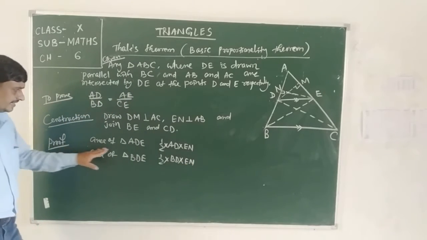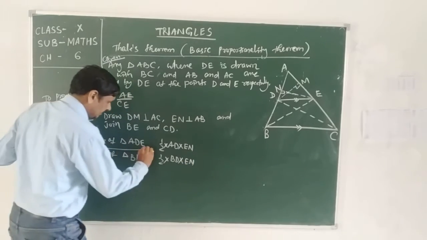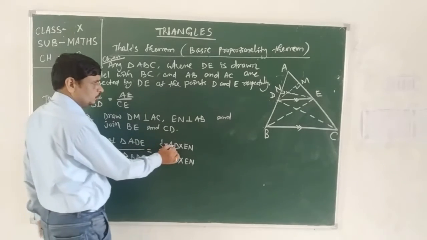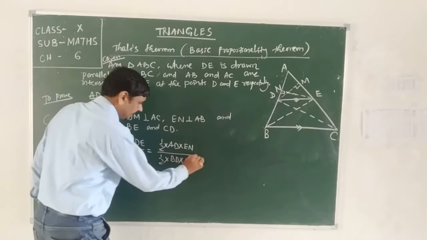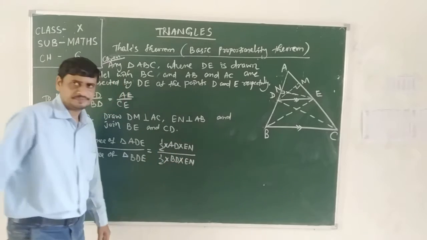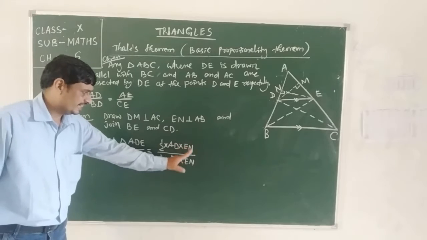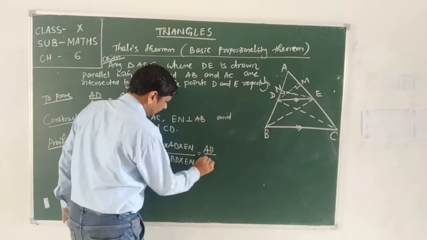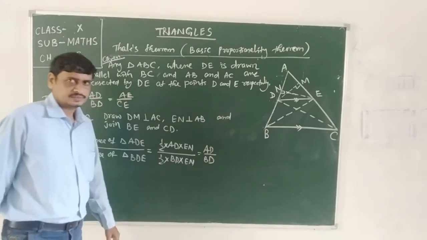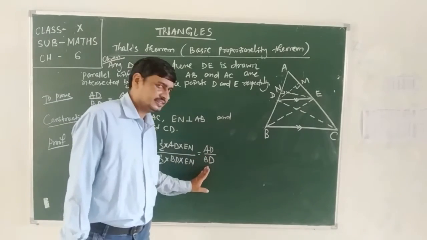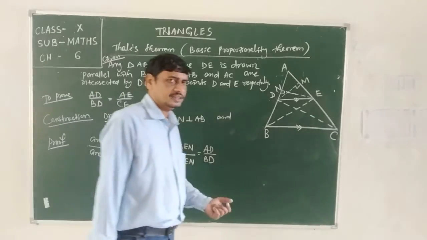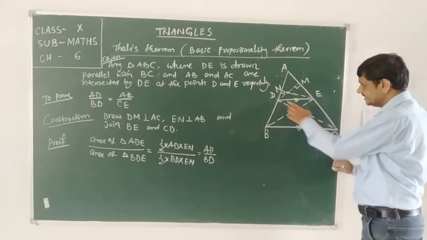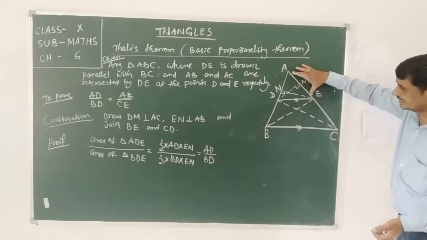So the ratio of area of triangle ADE by area of triangle BDE becomes half into AD into EN by half into BD into EN. Half is cancelled, EN is cancelled. It remains AD by BD.